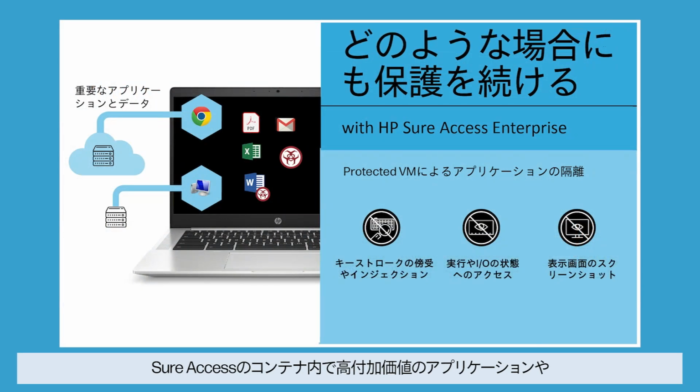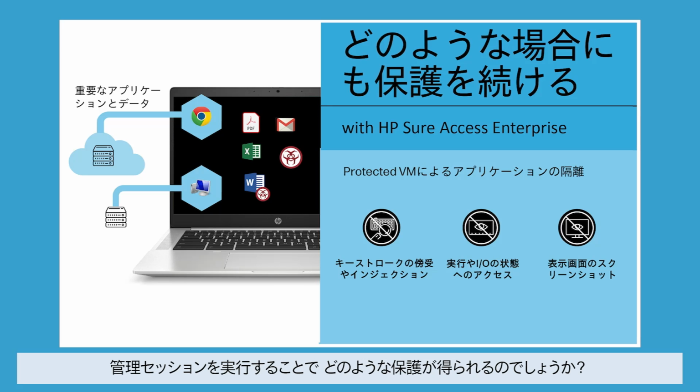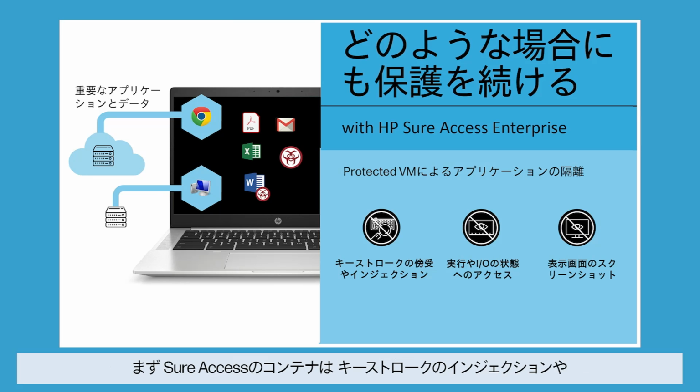And so what kind of protections do you get by running a high-value application or administrative session inside of our SureAccess container? Well, first, the SureAccess containers are not susceptible to any keystroke injection or keystroke collection.